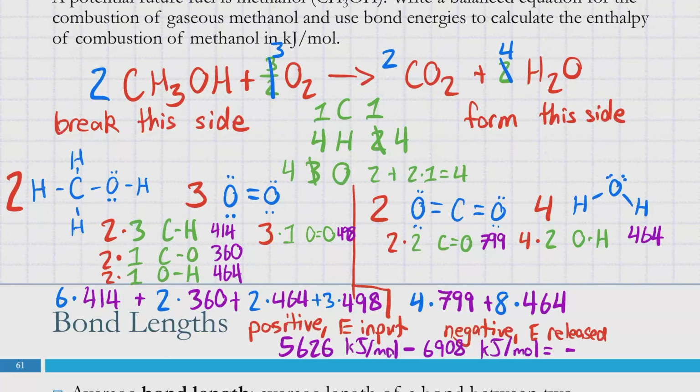So our enthalpy of combustion, we could estimate as negative 1,282 kilojoules per mole.